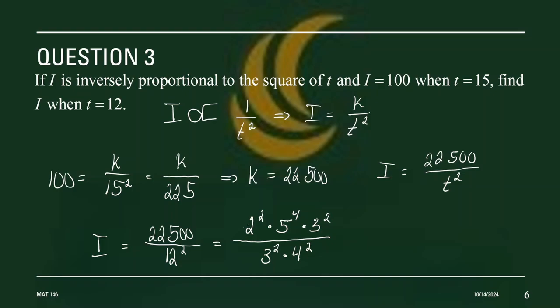And all this without a calculator. 3 squared over 3 squared is gone. Oh, but 4 squared, isn't that 2 squared? Oops. Left with 5 to the 4th over 2 squared.